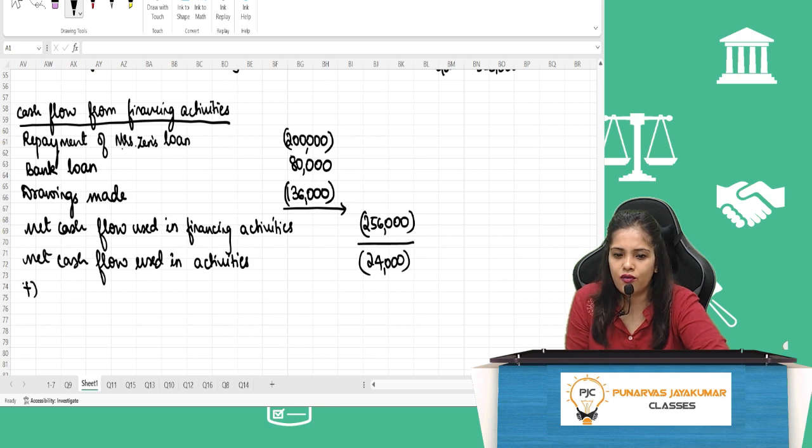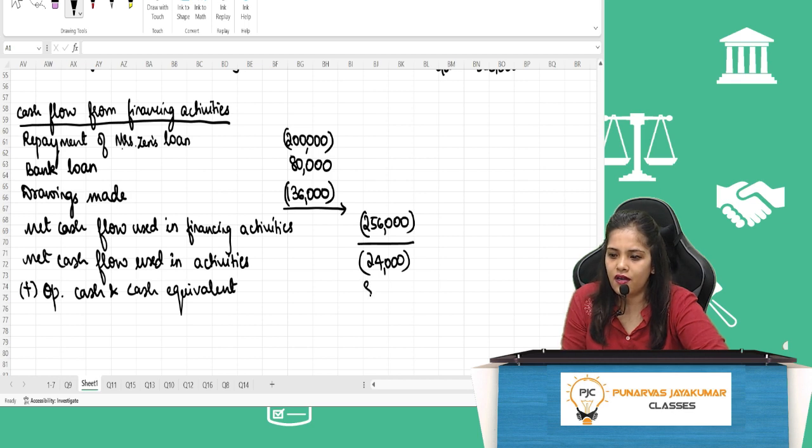To this you will add opening cash and cash equivalent, 80,000. You arrive at 56. That is the answer, beta, or 80, correct. Closing cash and cash equivalent.